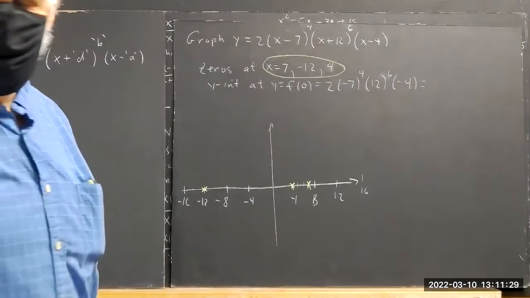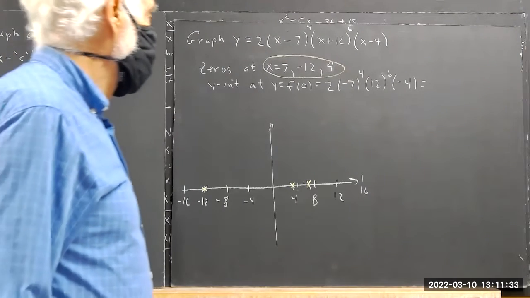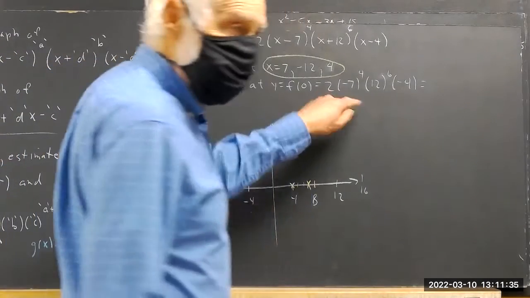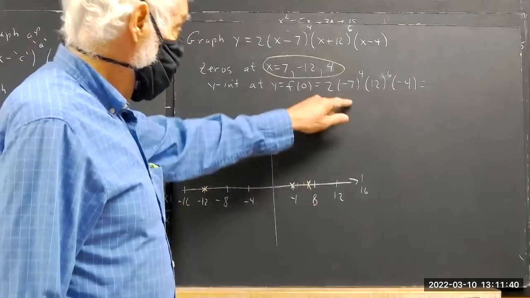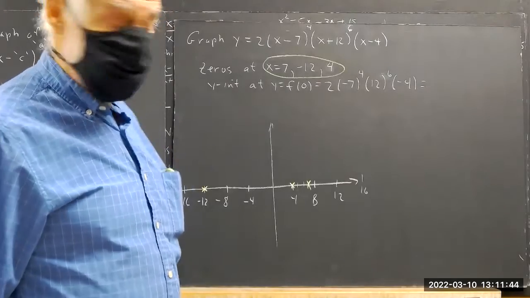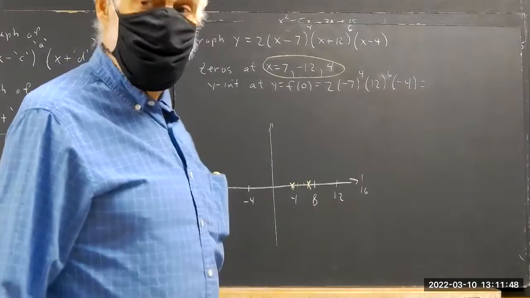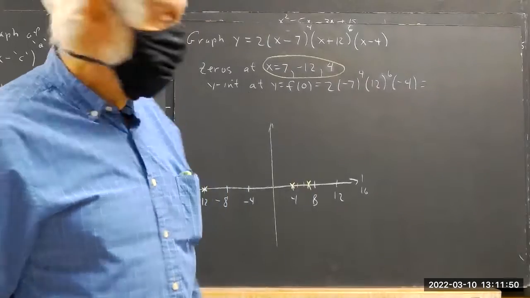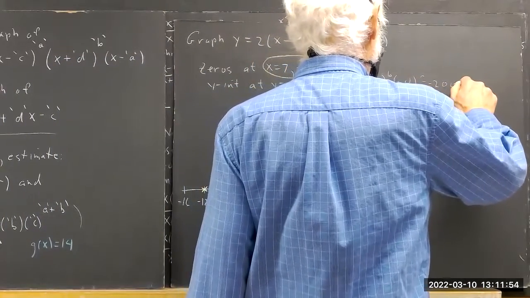Well, that's going to be a lot of fun for me to estimate, isn't it? Okay, but I'll try. 7 squared is 49. 50 squared is 2,500, so that's pretty close to 2,500. And that makes 5,000, okay? So that much is about 5,000. And multiply that by -4, you get -20,000. So I'm going to say that's approximately -20,000.